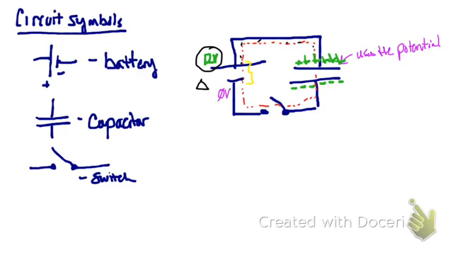Those charges just sit there on the capacitor until the electrostatic conditions are such that the charge will actually jump across the capacitor, and the voltage decreases.